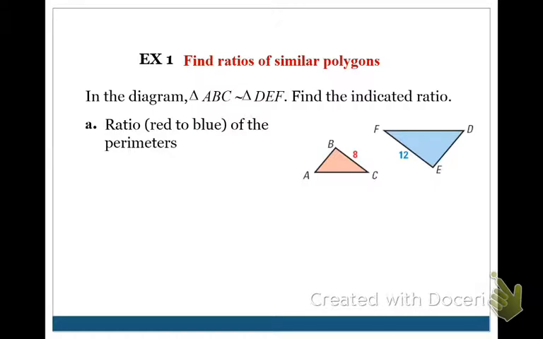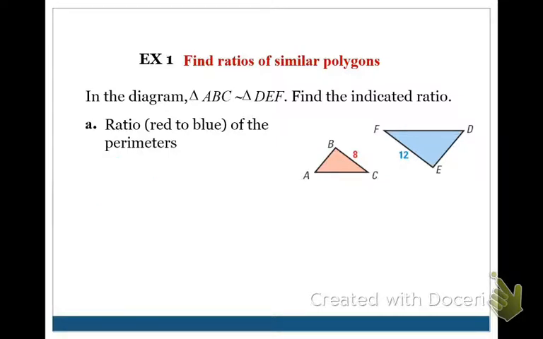Taylor? Faith? It's the same as the ratio of the sides. 8/12, right, and we'd reduce that. Put the one they named first on top, red to blue, 8/12, which is equal to 2/3. So the ratio of the perimeters is 2:3.